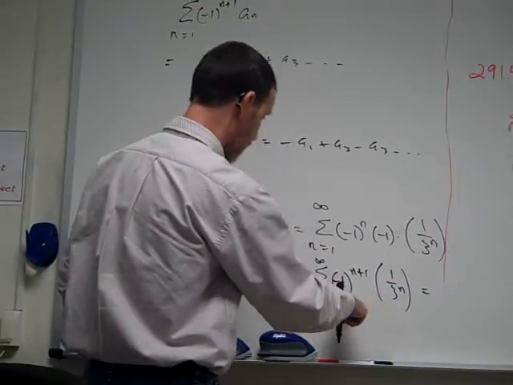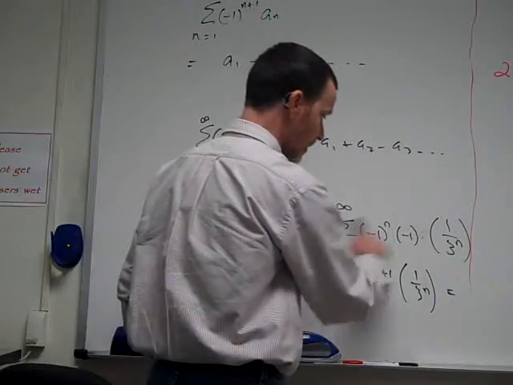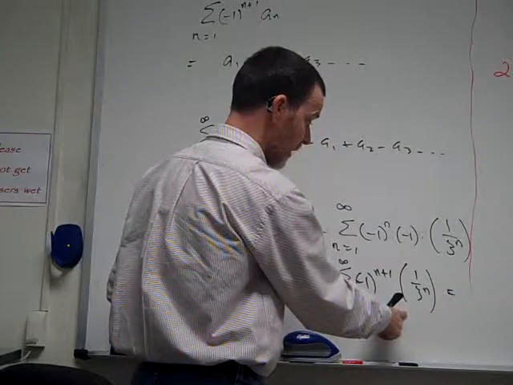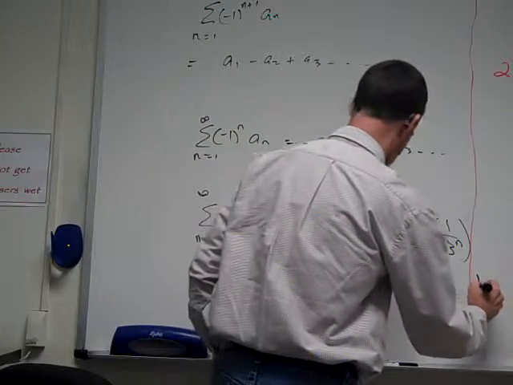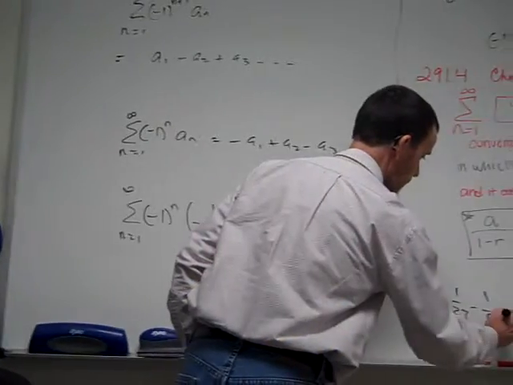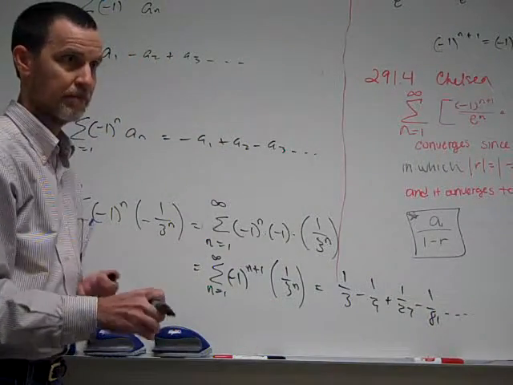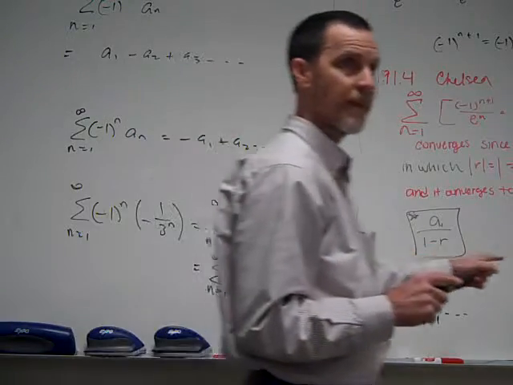So what we've figured out is it was just a bad way to write it, and now we've rewritten it nicely using some algebra. Now we see the first term is positive: 1/3 minus 1/9 plus 1/27 minus 1/81, dot, dot, dot. That cleared that up for me. Thank you. Did that help? Other questions on this one?